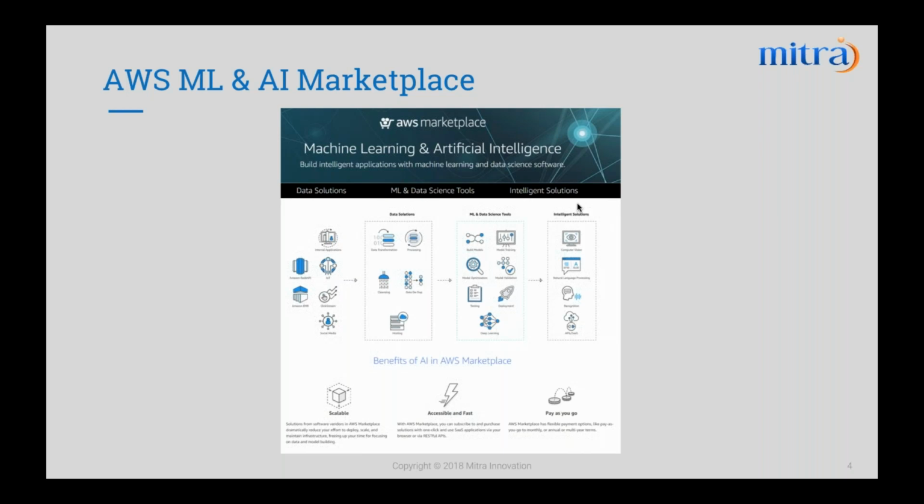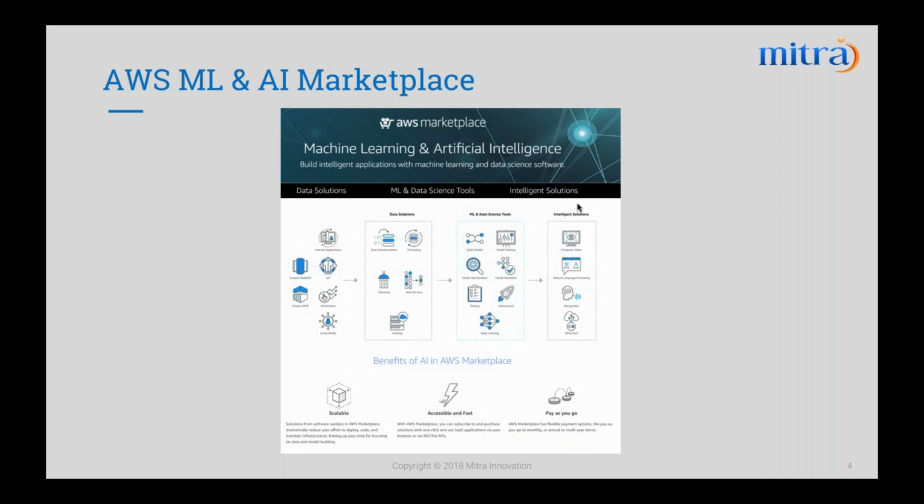Or if we don't have the know-how, we can simply search for the appropriate model in the marketplace, and with one click you can subscribe and start using it in an instant. So this is what AWS ML Marketplace brings us, and this is a first step towards democratizing machine learning to the masses.